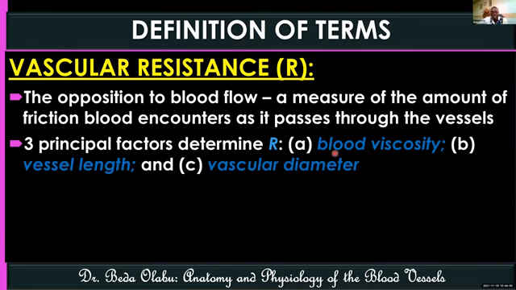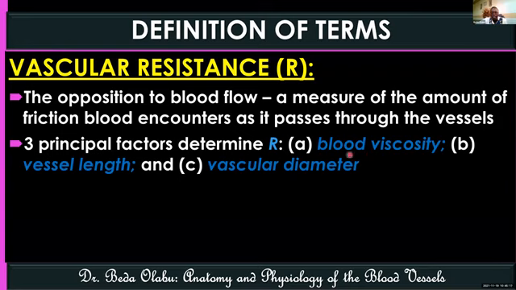So if the blood is viscous, it means that the resistance is high, and so blood flow will be low in that case. What will make blood thick? Maybe polycythemia, for example. You have a high red blood cell count, so the blood is relatively thick in that case.